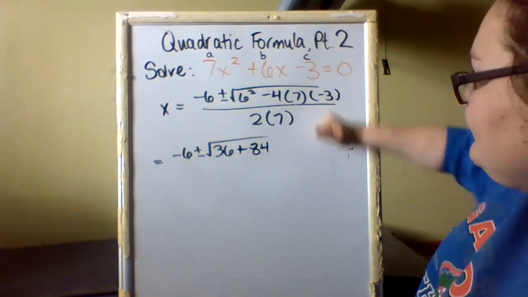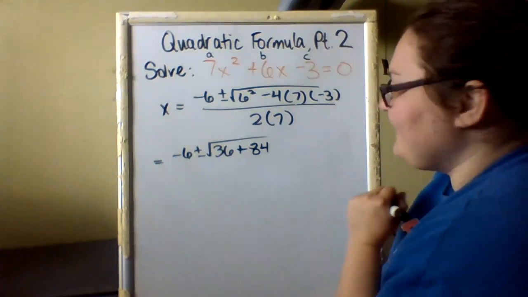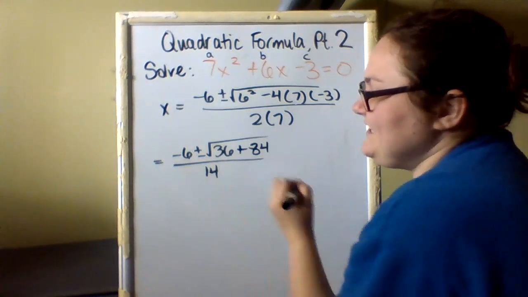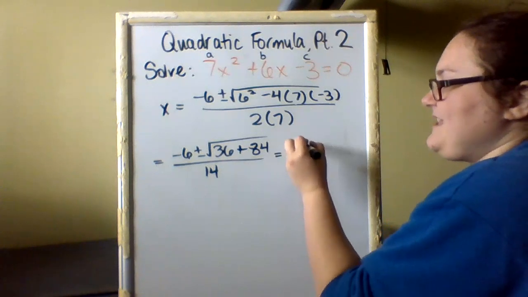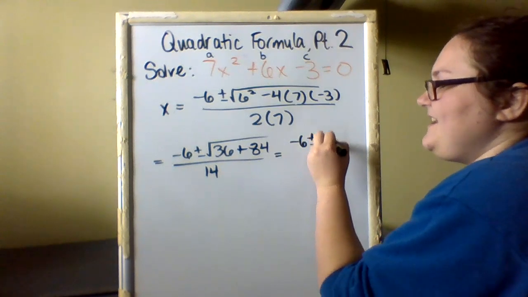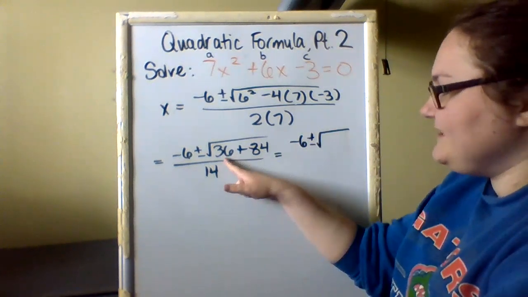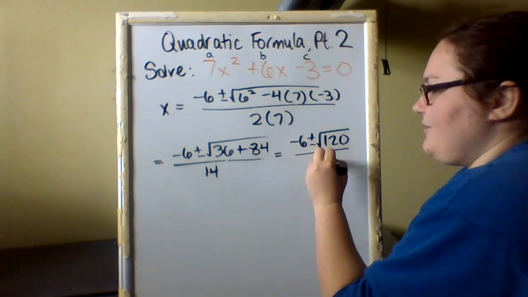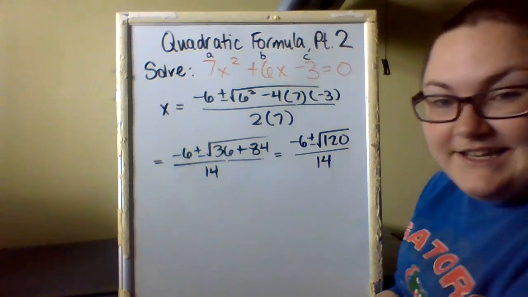I'm going to erase my scratch work. All over 2 times 7, which is 14. I'm going to keep going with that. That's negative 6 plus or minus square root of 36 plus 84 is 120 all over 14.